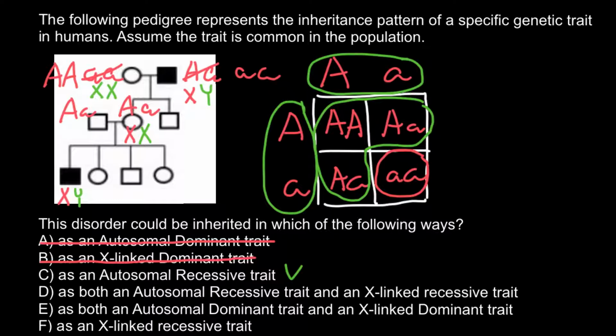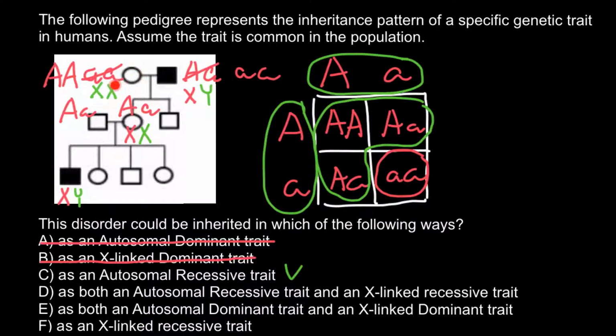So this is possible. And if the mother has two normal X chromosomes, this female can only inherit this recessive X-linked trait from her father's side, so she has to have this defective allele on one of her X chromosomes, and both X chromosomes are inherited from her mother's side.